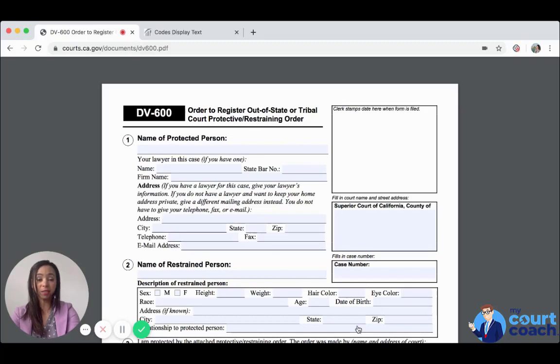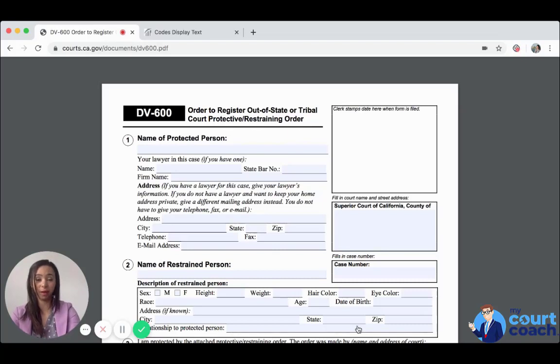So do you need to do this? Do you need to actually complete this form in order to be protected in the state of California? And the answer is no. But why does the state of California offer this as an option if you're already going to be protected in the state of California?